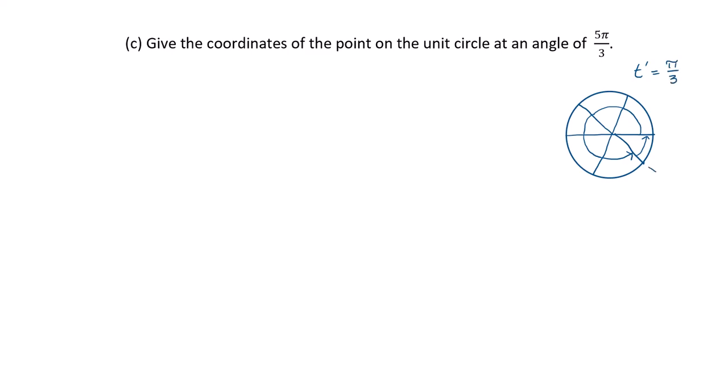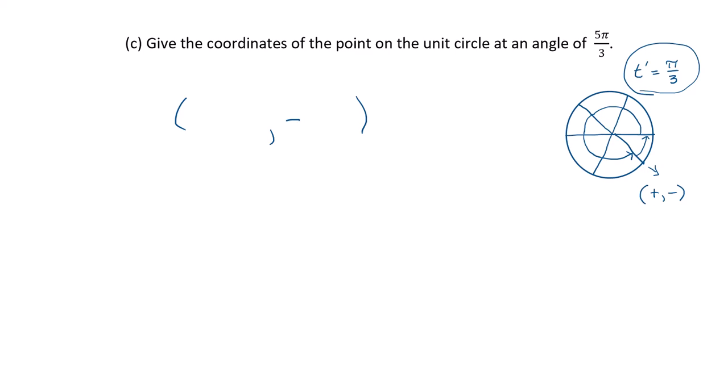Except that in 5 pi over 3 we're in quadrant 4, and I know that the signs are going to be positive, negative for those coordinates. So my coordinate is going to be a positive here and a negative here. But as far as the absolute value, it's going to be the same as it is for the reference angle pi over 3.